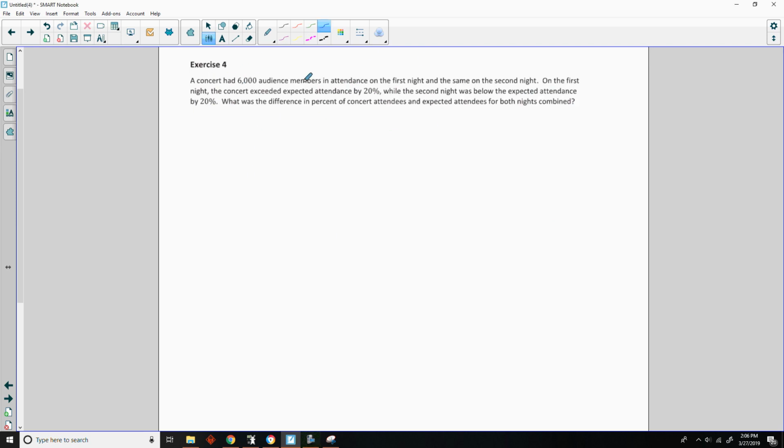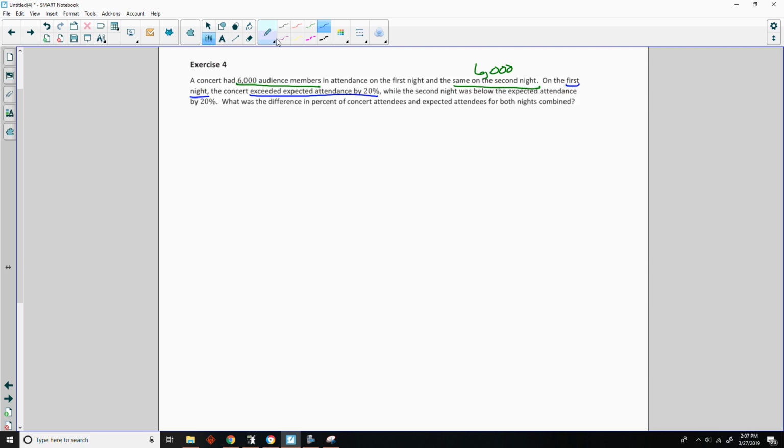Exercise 4. A concert has 6,000 audience members in attendance on the first night and the same on the second night. On the first night, the concert exceeded expected attendance by 20%. Okay, that was the first night.